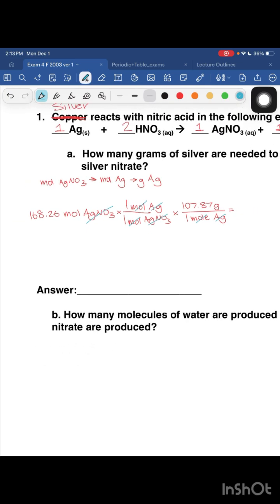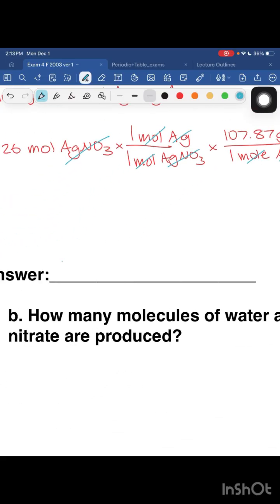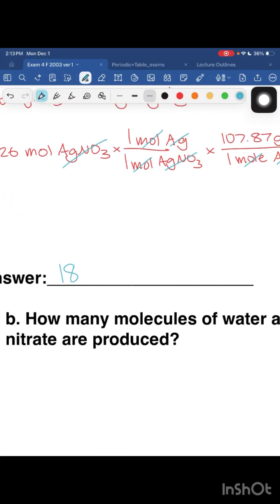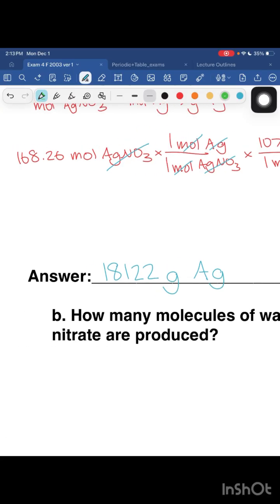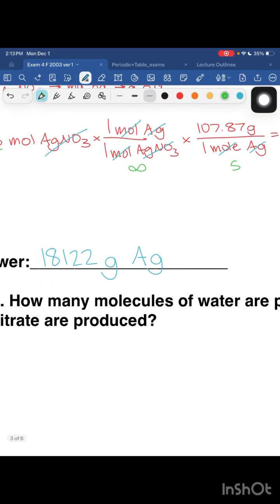That is everything. Plug it into a calculator and you get 18,122 grams of Ag. I've got 5 sig figs here, infinite sig figs here, and 5 sig figs here.